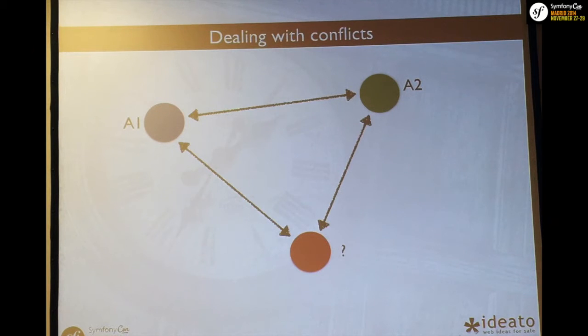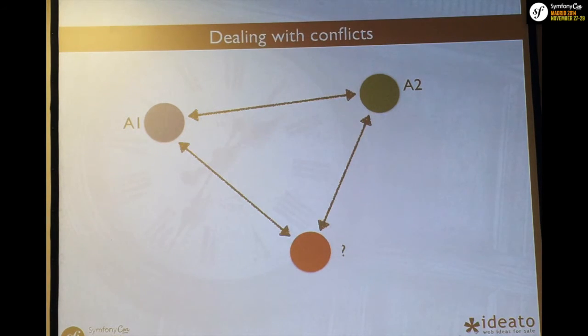What are we supposed to do? Should we throw one of the 2 records away? Should we keep both? Maybe we can let the user decide what to keep. Should we use domain knowledge to make these kinds of decisions? We answered all of these questions for our particular project, and I'd like to share some of this with you.